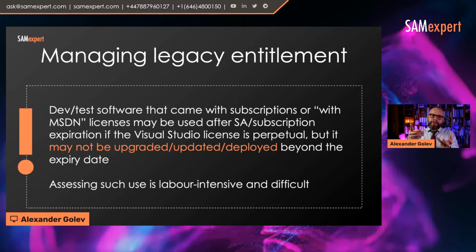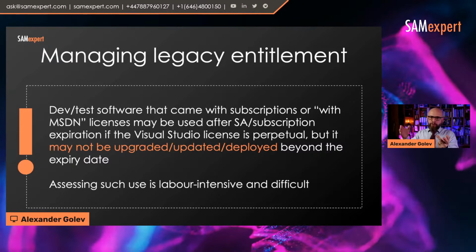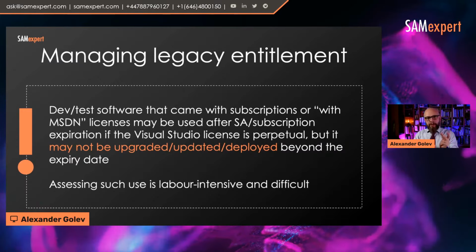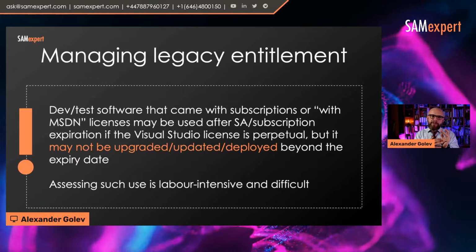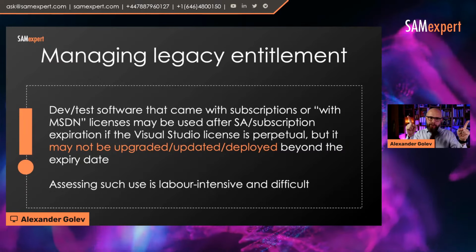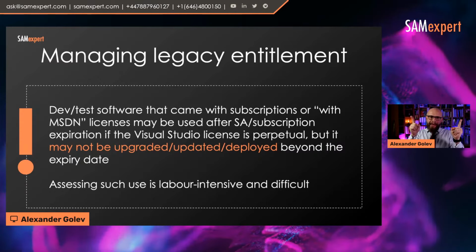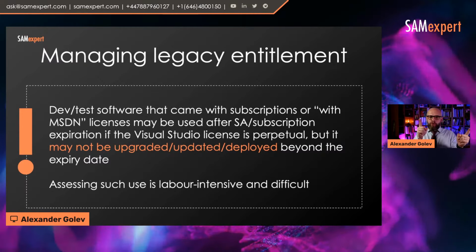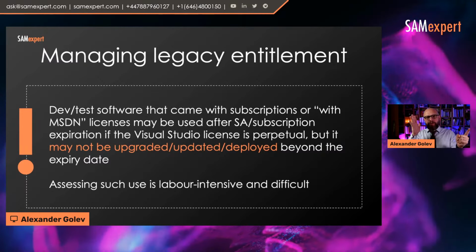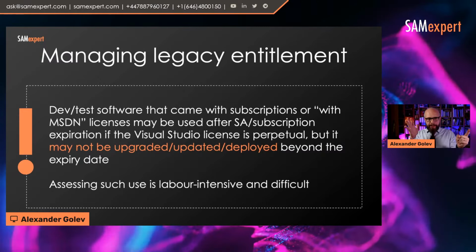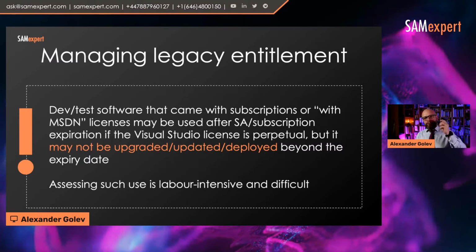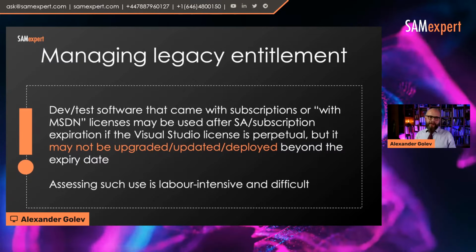But then also all the bundled software, all the other Microsoft products that were given to you as a part of the MSDN subscription, you may continue using them as long as they were deployed during the term when your MSDN subscription was active. The only thing you may not do, you may not upgrade, update, change that software, deploy new copies. It's extremely labor-intensive and difficult to actually assess that and check that it's all correct.